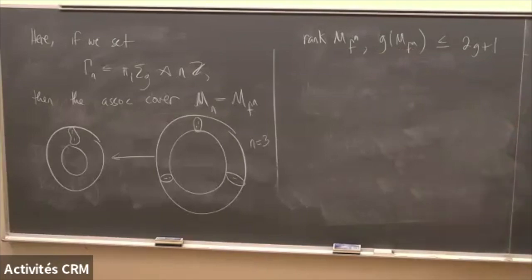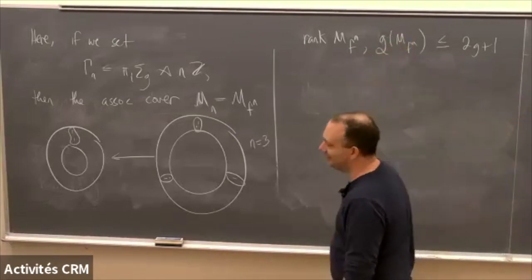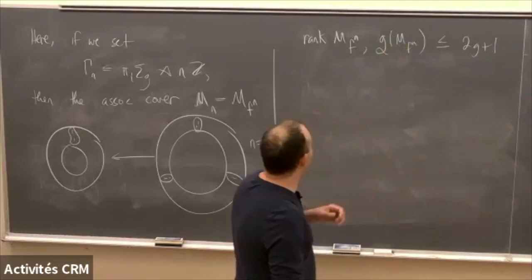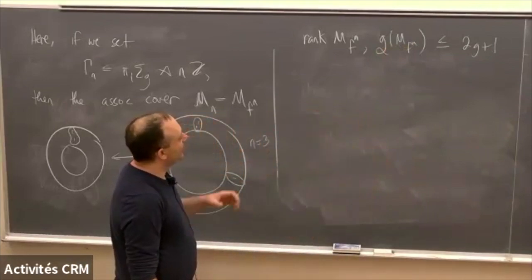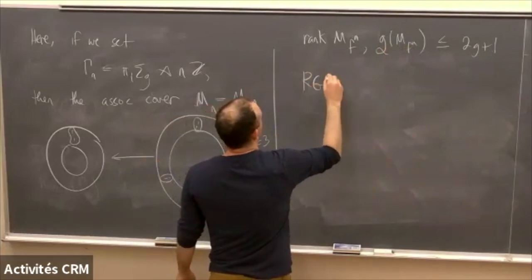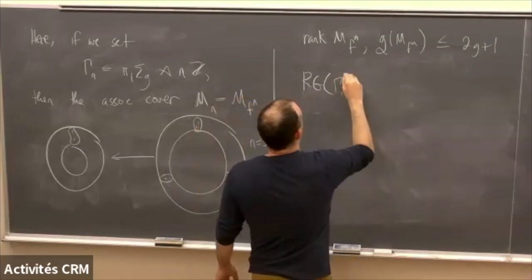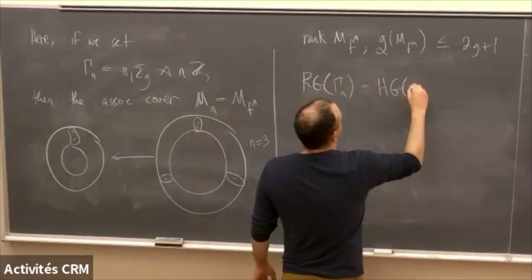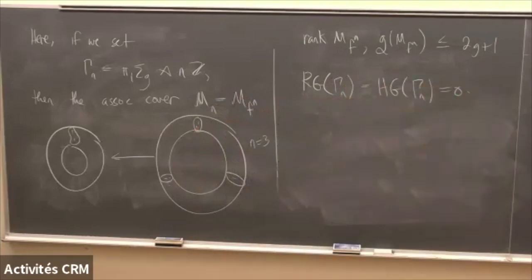Okay, but both these are bounded, and so the rank gradient of this sequence Gamma_n, and the Heegaard gradient of this sequence Gamma_n are both 0.